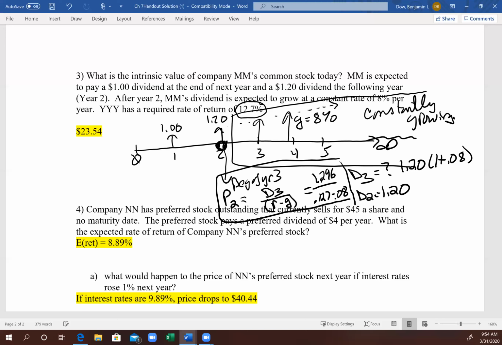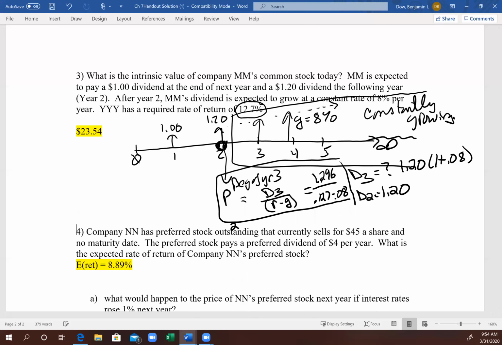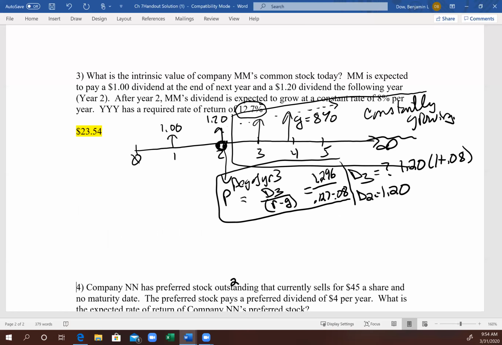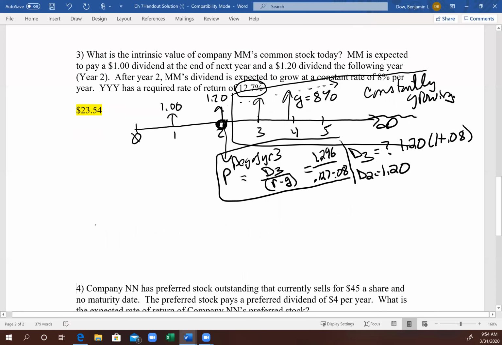So in order to find P2, need some more room. All right, so we find P2 at 27.57.